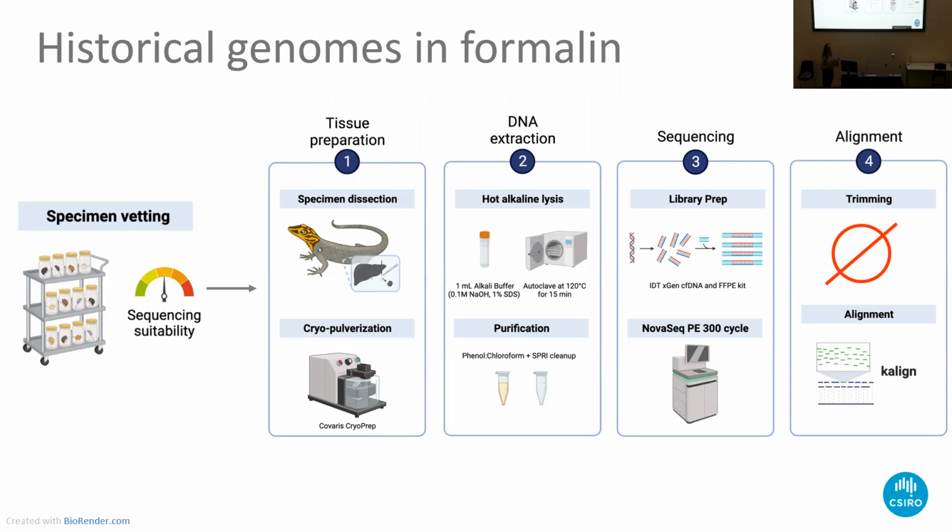And I think the biggest part that we do differently is our bioinformatics, where we're really squeezing as much as we possibly can out of this highly degraded DNA using a program called K-Align, which fortunately for us is also really easy to use because it doesn't require any trimming or any kind of QC filtering. You just slap it in and hopefully it comes out.